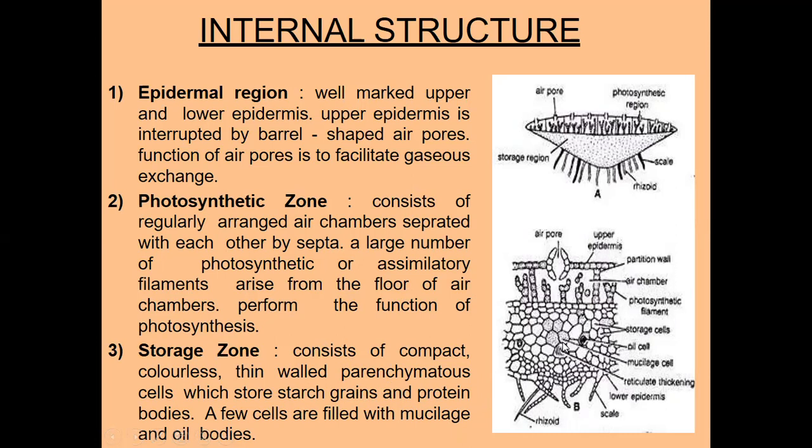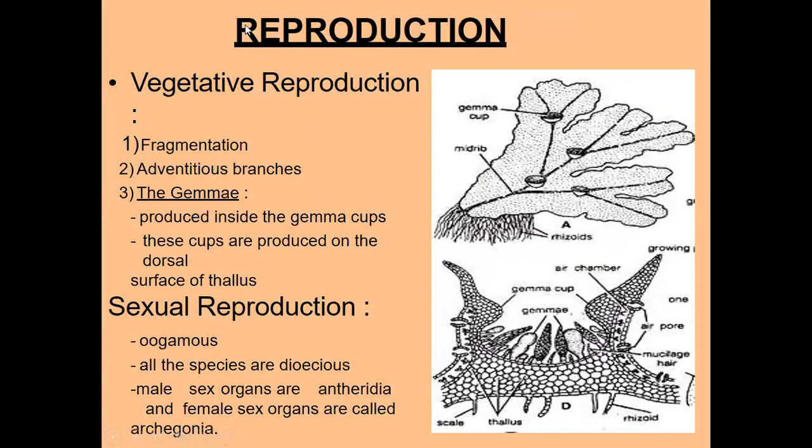Hence it is referred to as the storage region. And below is the lowermost region, which we call the lower epidermis. From this lower epidermis, you can see the rhizoids emerging, as well as the scales. So this is regarding the internal structure, or the anatomy, of the Marchantia thallus.